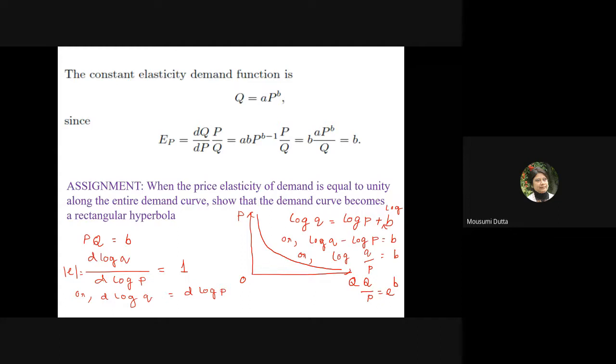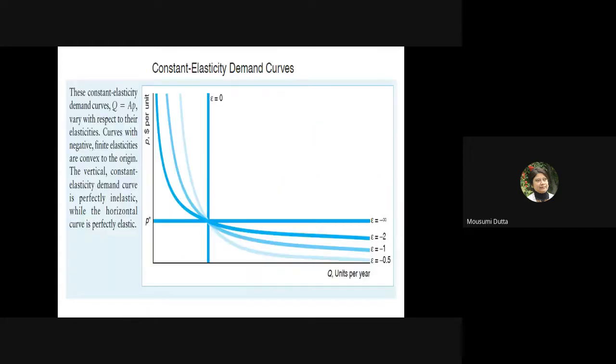We don't want to put the value to be equal to 1. We are starting with this and we want to find out the standard formula for a rectangular hyperbola. Almost very close to this. Just think about this. We will come back to this.